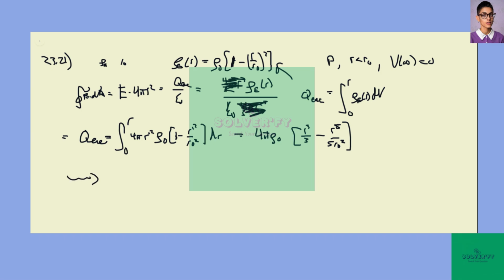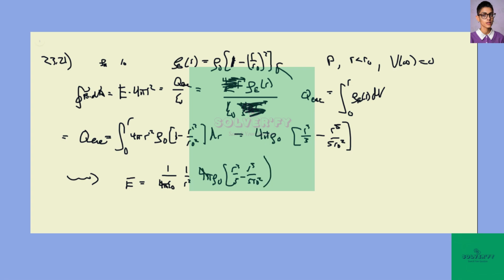So let's take this back into our Gauss's law equation, and we should see that E is now 1 over 4 pi epsilon naught, over r squared, times 4 pi rho naught times (r cubed over 3 minus r to the 5th over 5 r naught squared).